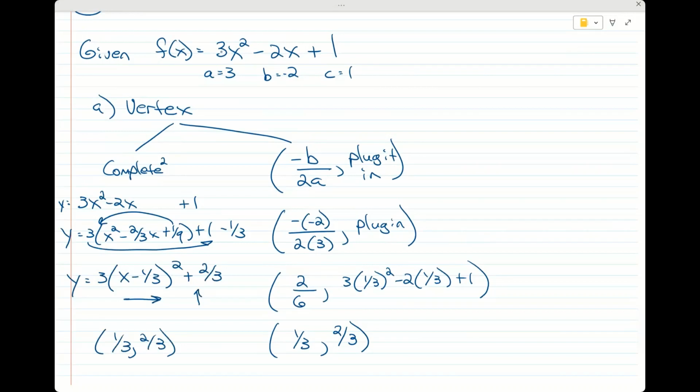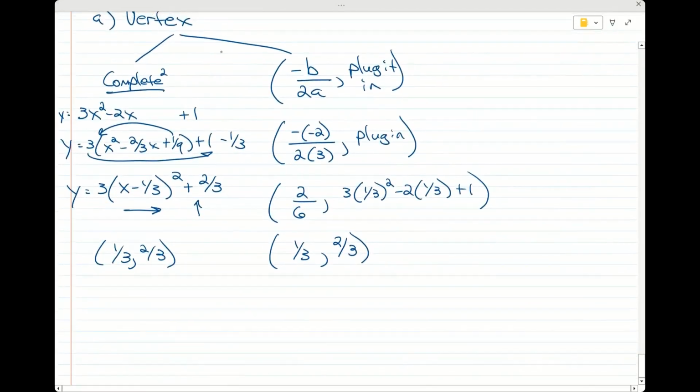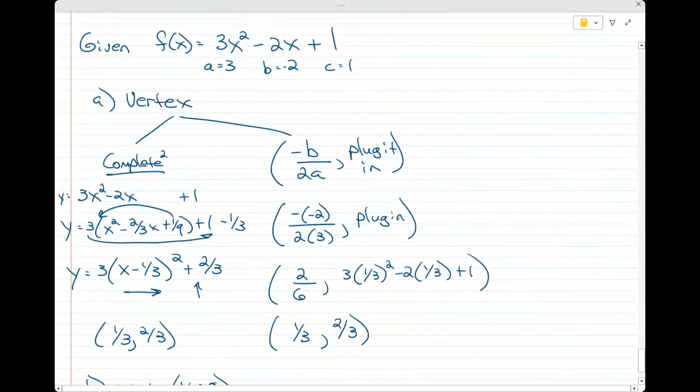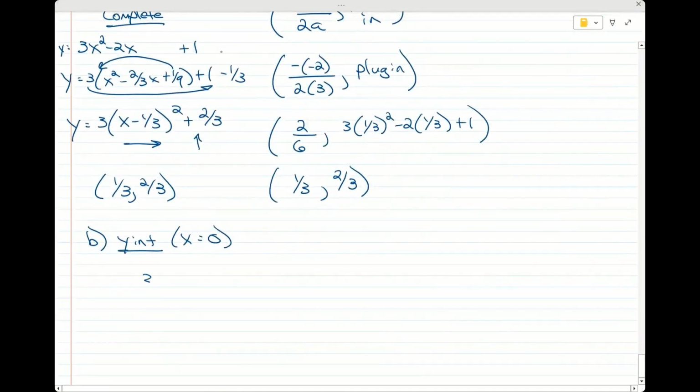So you're not asked a specific way to find this, but if you really wanted to, you could use both techniques just to make sure that you're right. Second thing they ask you to do is to find the y-intercept. The way that we get the y-intercept is we make x equal to 0. So we have 3x squared minus 2x plus 1, and then we put 0 in for all the x's.